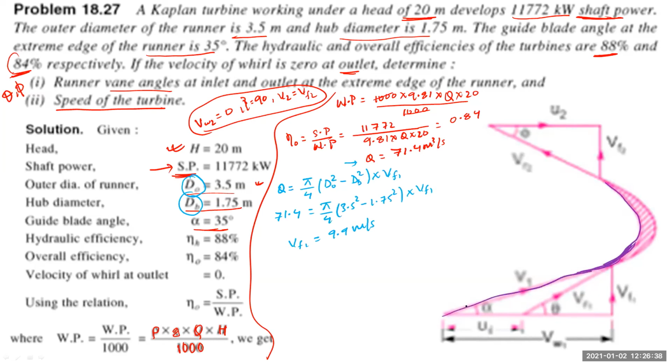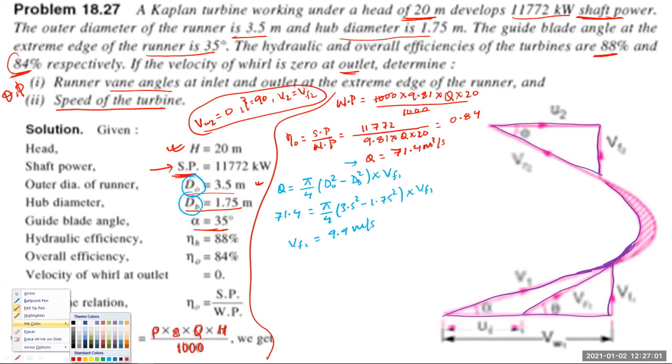For this V1, draw the horizontal component and the vertical component, and in between you can draw the relative velocity component. On the outlet side, since this is a radial outlet, one triangle is required like this. Now write down all the parameters. Parameters will be as usual.